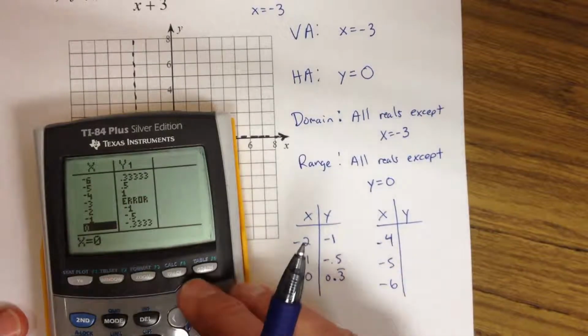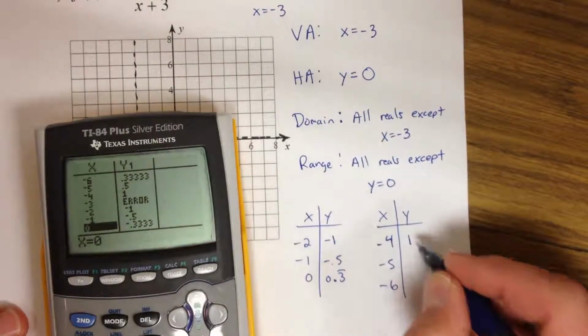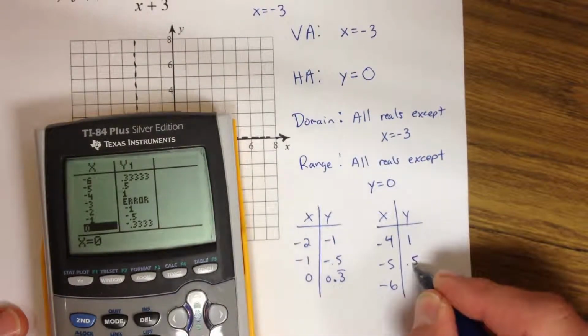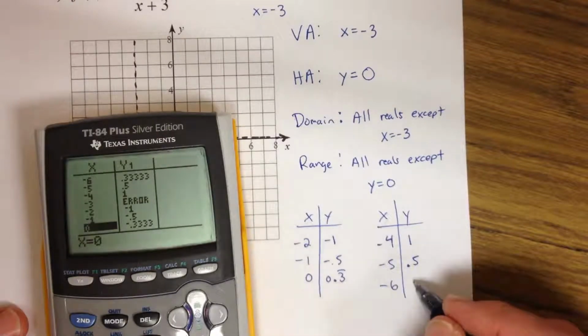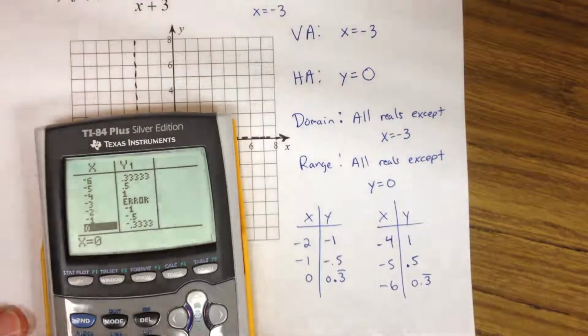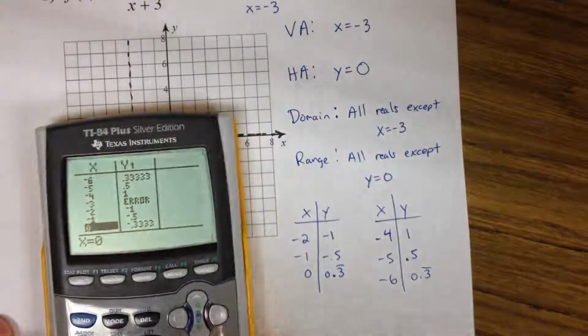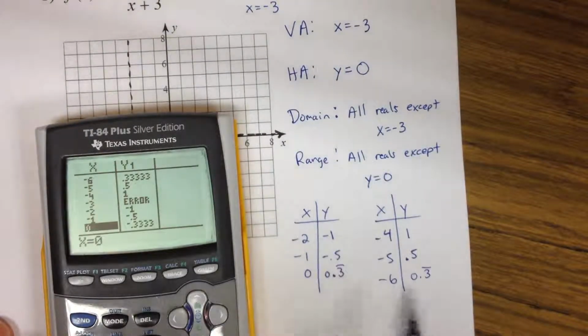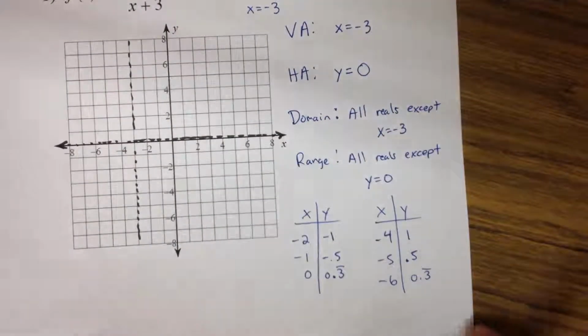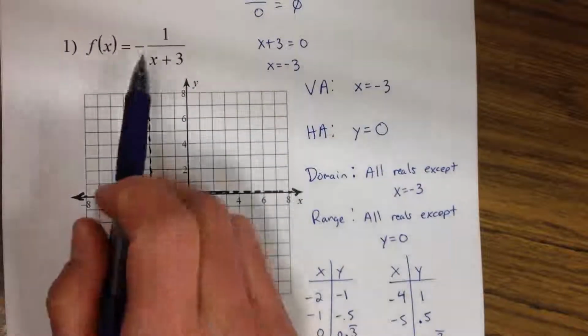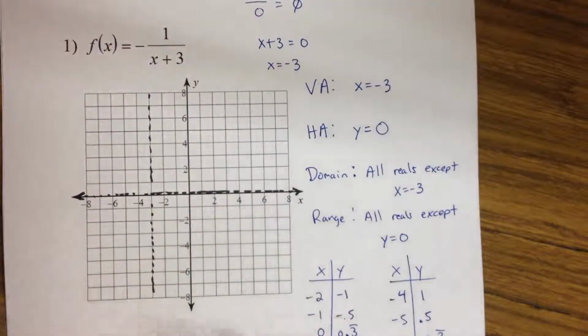Okay, if you're checking your work, negative 4 gives 1, negative 5 gives 0.5, and so on. So you see that the only thing that's different is the sign. And that happens with some of these if you have a pretty basic equation like this. All right, so we're just going to plot those points quick.